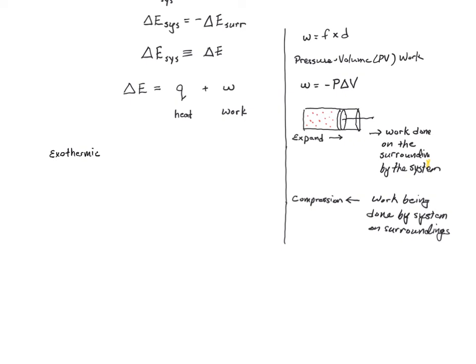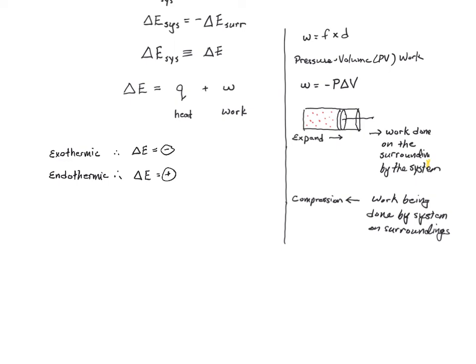If energy is leaving the system, the change in energy is going to be a negative value. In an endothermic process, heat is being pulled into the system, we are increasing the energy of the system, so the change in energy is going to be a positive value.